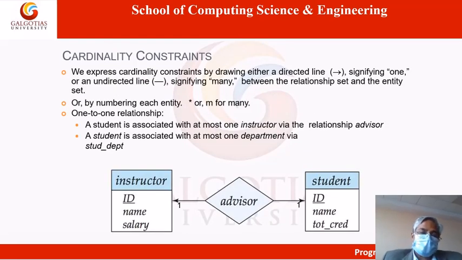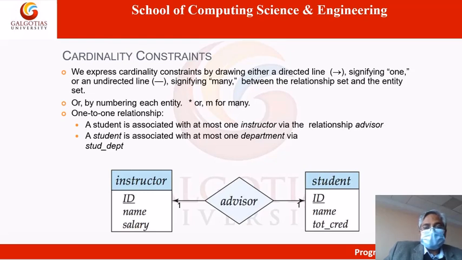Now let's discuss something more, that is called cardinality constraints. What is cardinality constraint? So we express cardinality constraint by drawing either a directed line, look here, this arrow signifying one, or undirected line signifying many.